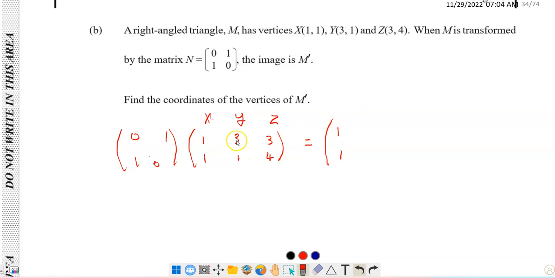Then 0 times 3 is 0, and 1 times 1 is just 1. Then 1 times 3 is 3, plus 0 times 1 is 0, so we have 3. 0 times 3 is 0, plus 1 times 4 is 4. And then 1 times 3 is 3, and 0 times 4 is 0, so what we have there is just 3.